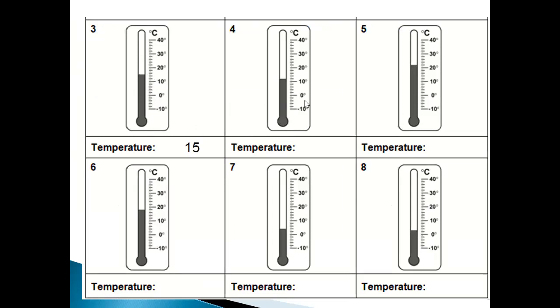This one shows 10, 11, and 12, so we write 12. What about this one, 20 and 22? This one shows a temperature less than 20, it's 18. So we write 18.